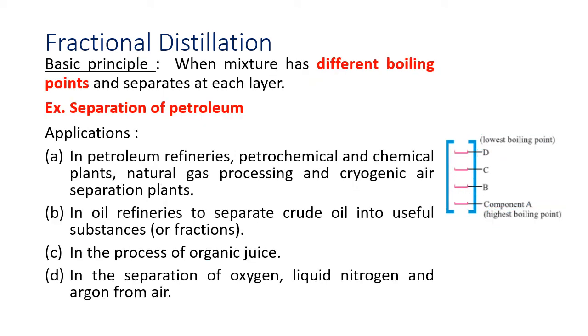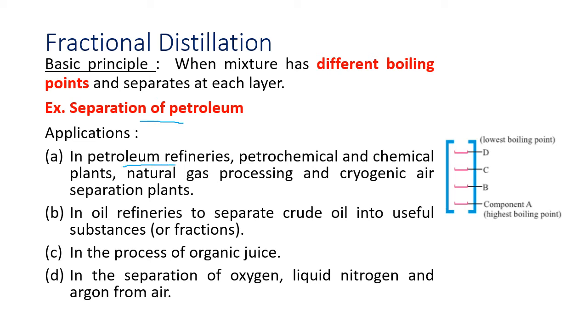You can see, for example, separation of petroleum. Petroleum consists of petrol, kerosene, diesel, naphtha, then there are tar, coal gas and everything. Because they have different boiling points, all are separated differently. Where is the application?